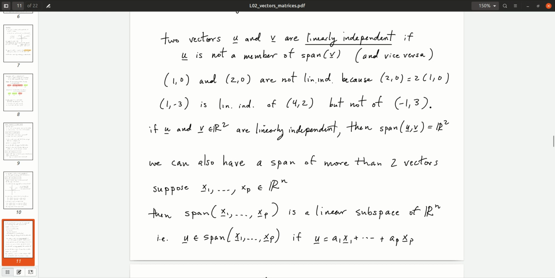So what we're going to talk about next is going to extend some of these ideas of linear independence to an arbitrary number of vectors. And you can see how this is going to be important for linear regression, because these start to look like covariates, and these coefficients are going to be like regression coefficients. So just to keep you informed, this is all going to be related to linear regression, but we need to get some of these concepts down before we move on to linear regression.